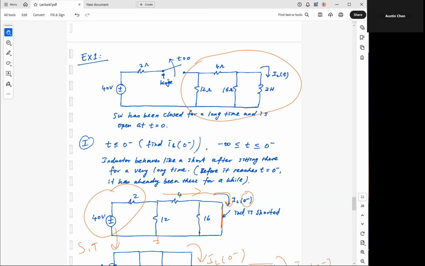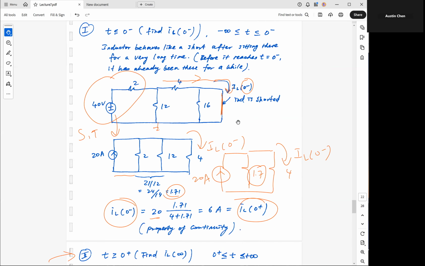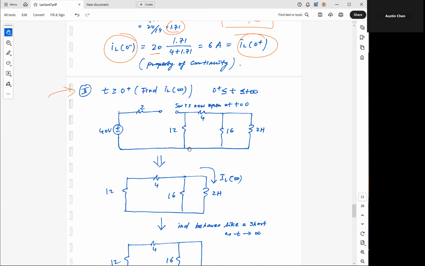Because after the switching event the switch is lifted up, nothing is connected to this source. So I'm just going to take this part, copy and paste. This guy here is now gone, so we just focus on this part. That's what we have.